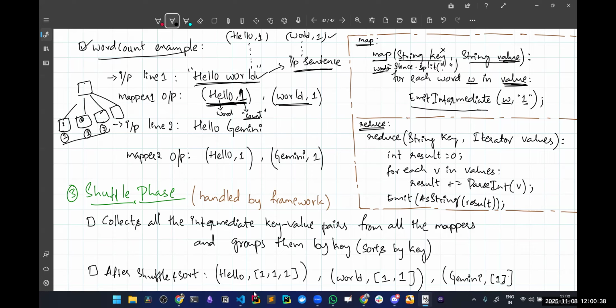If all of these 3 nodes were talking to each other and syncing the count for the word hello, instead of just assigning 1, we would want to assign the accurate count. That means we have to sync and coordinate between these nodes, right?